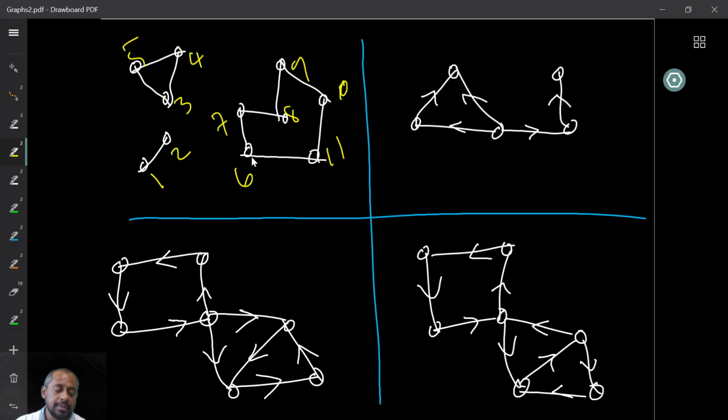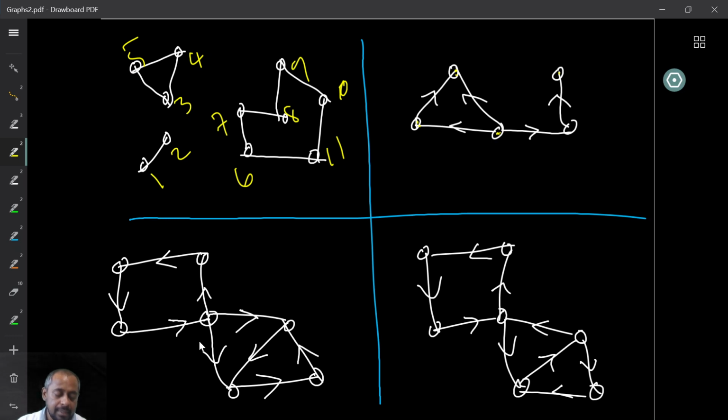So therefore, this graph is not a connected graph. What about this digraph? Is it strongly connected? Well, I can go from this vertex, for example, to this, or I can go from this vertex to this, or this vertex to this, but I cannot go from this vertex to this, or even from this vertex to any of these vertices. So therefore, this is not strongly connected.